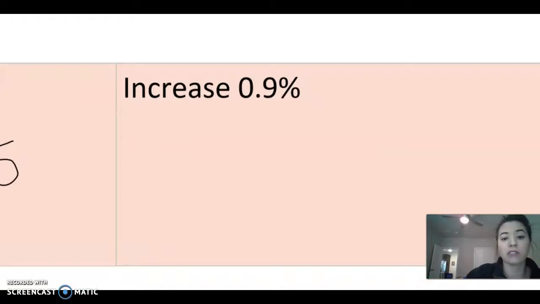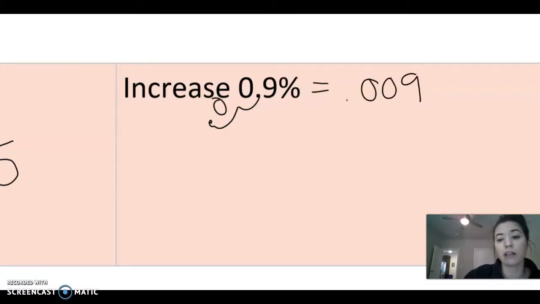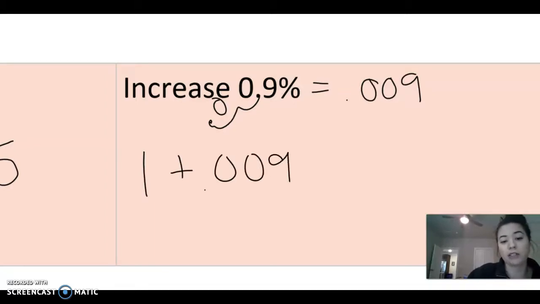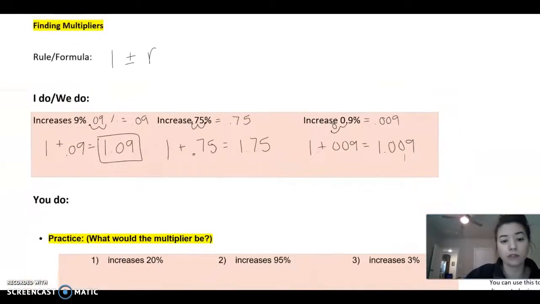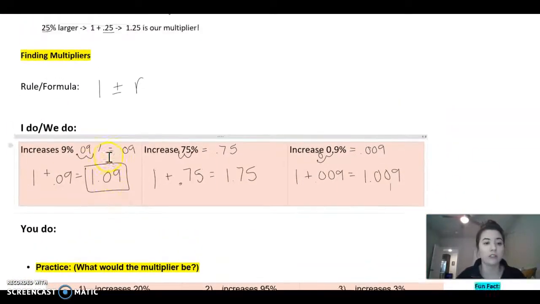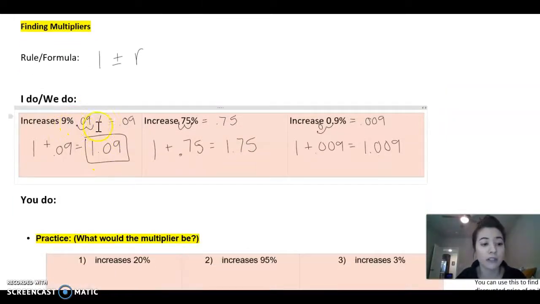On this one, we move it twice, and again, when we move farther than there are digits, we just fill it in with a 0. So we get 0.009, and we do 1 plus that to get our multiplier. To find your multiplier, change the percent to a decimal and add 1 to it.